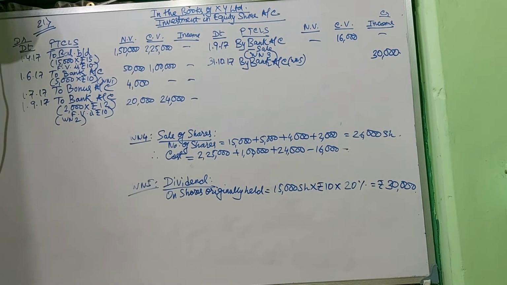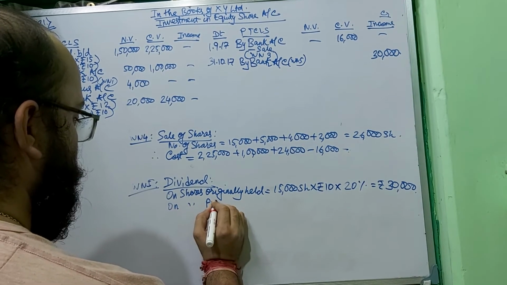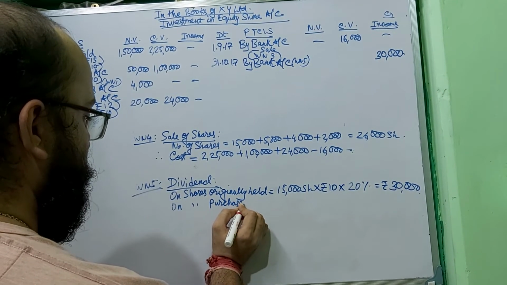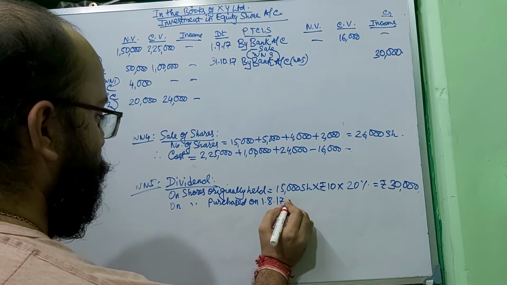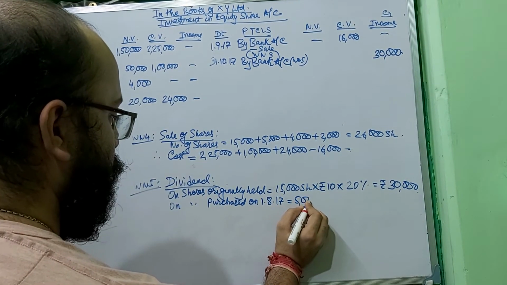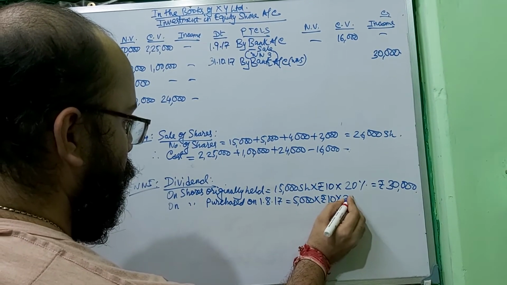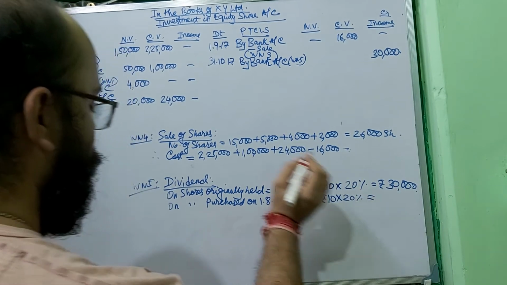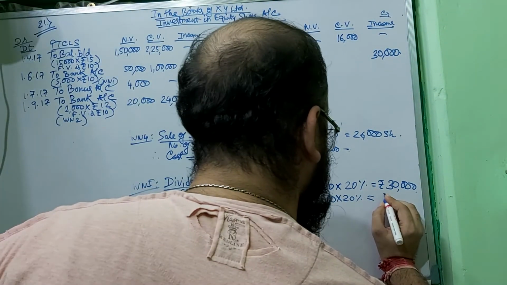Again, 5,000 on shares purchased. 1817. 5,000 into rupees 10 into 20%. It's 50,000. 20% is basically 10,000.